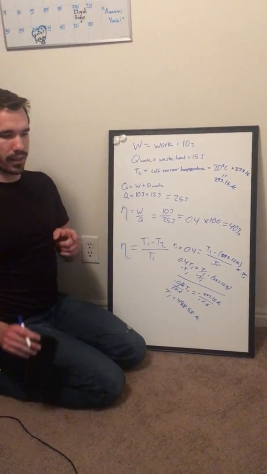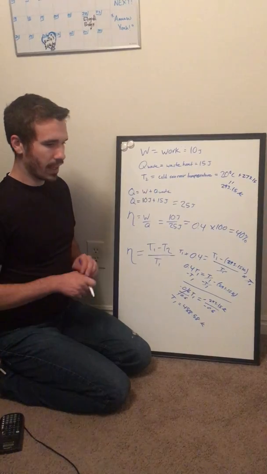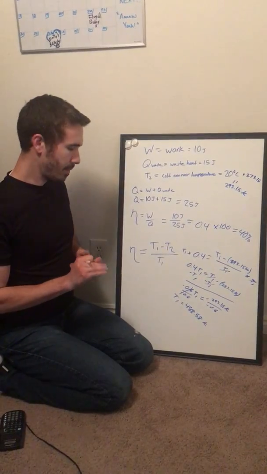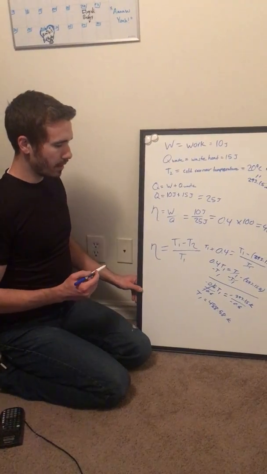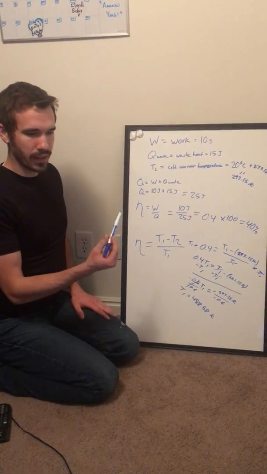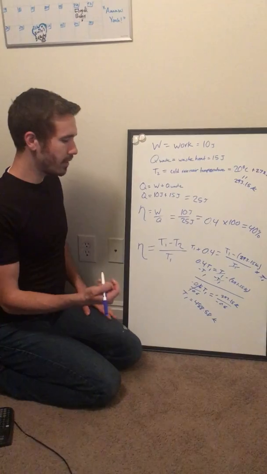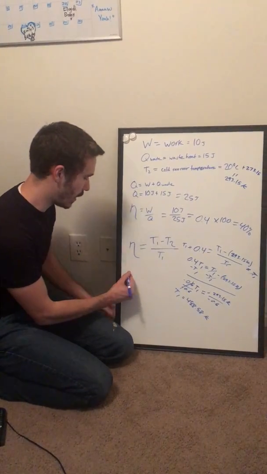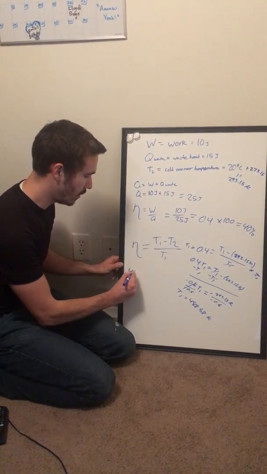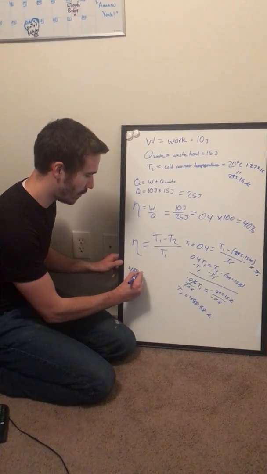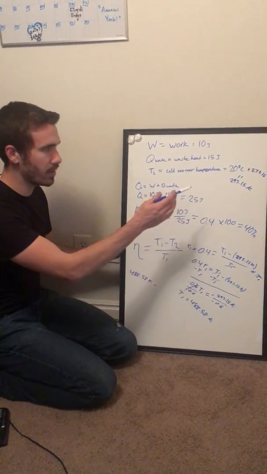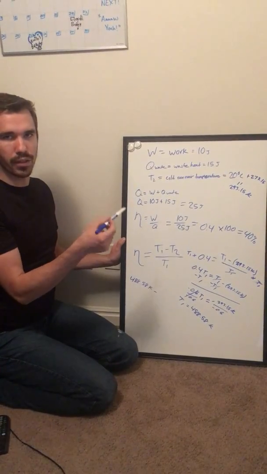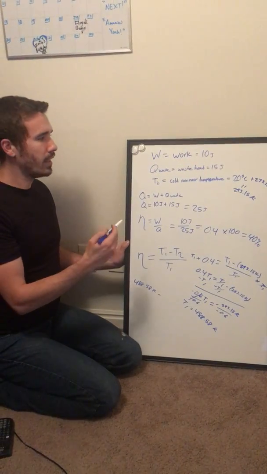We're not quite done because it wants the answer in degrees Celsius, and we have it in Kelvin. So at this point we need to convert our T1 from Kelvin to Celsius. We take the 488.58 Kelvin minus the 273.15 we used to convert Celsius to Kelvin.